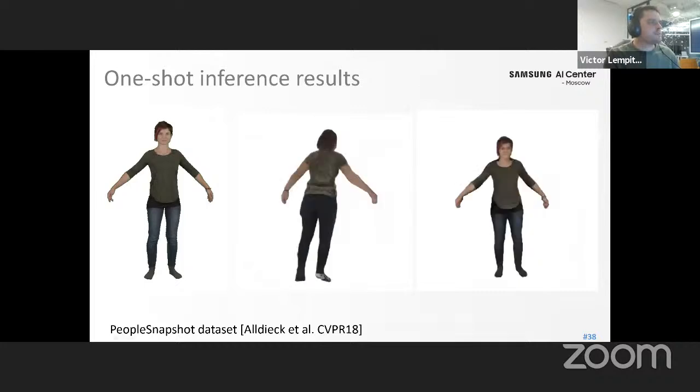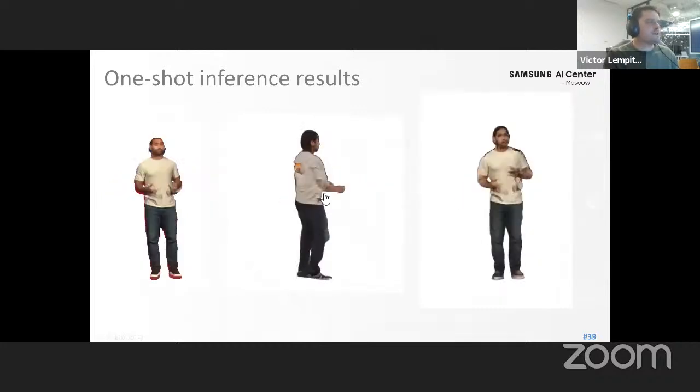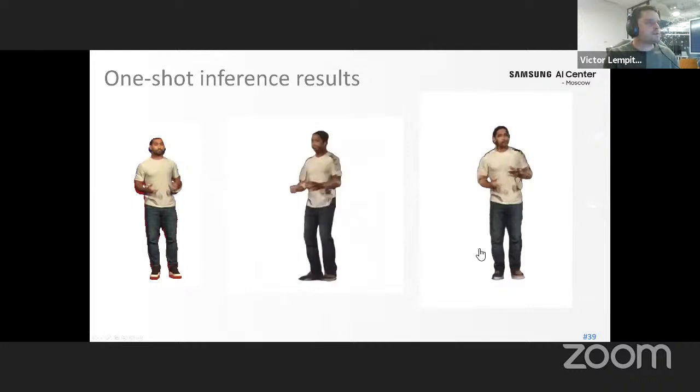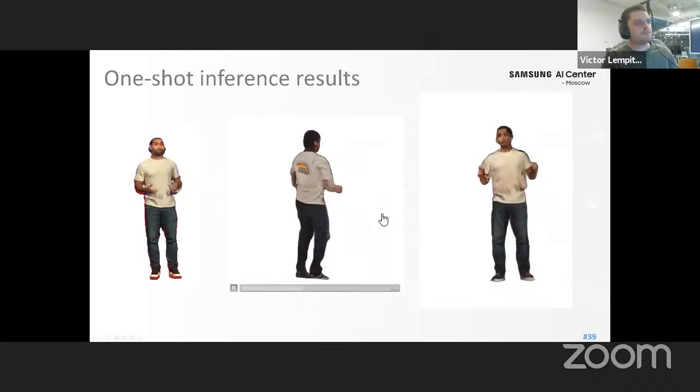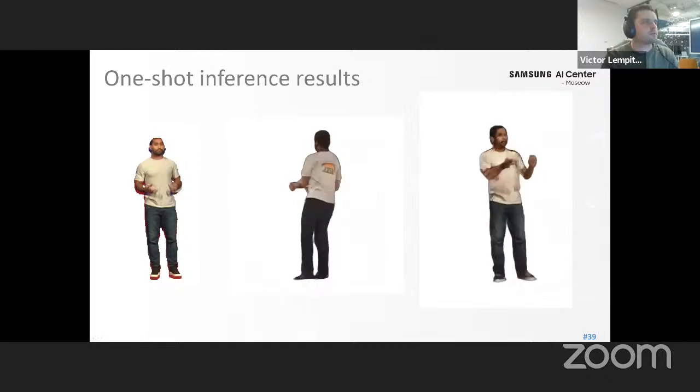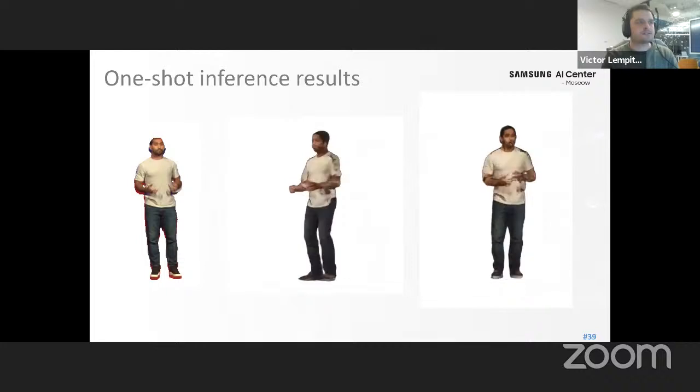This is the last example. We take a single frame from a TEDx talk, and then it gives us this kind of avatar. And I think this particular logo in the back is transferred from the training dataset, from the HUMBI dataset, where a similar logo is on one of the subjects. So it overfits a little bit onto the HUMBI dataset, which is a big part of our training data.